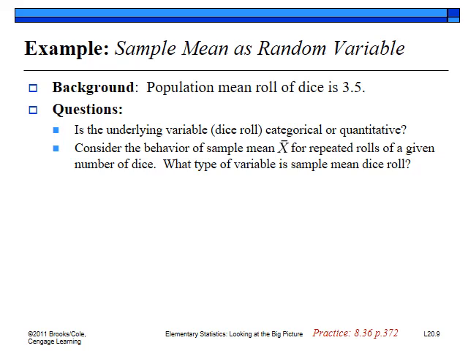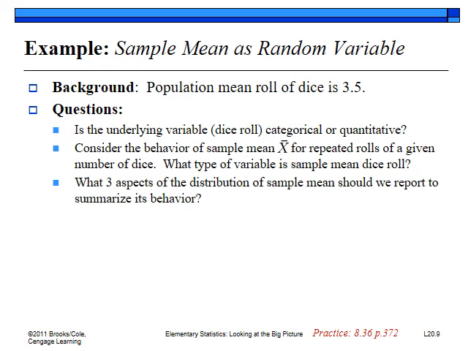So if we roll the die, say we're going to roll it 4 times, what is the mean going to look like? If we roll it 10 times, what is the mean of all of them going to look like? What type of variable is this, the mean inside each of our samples? Finally, what three aspects of the distribution of the sample mean should we report to summarize its behavior?